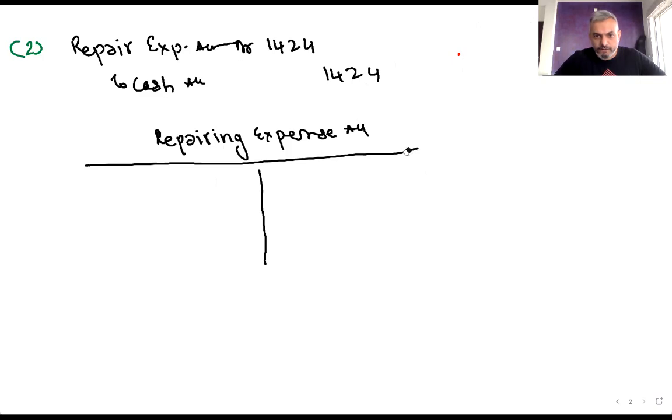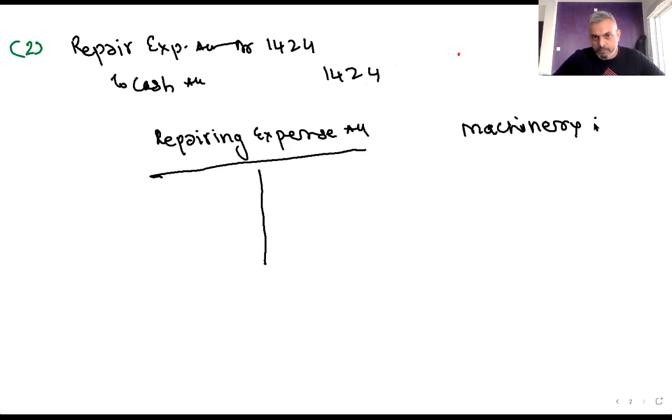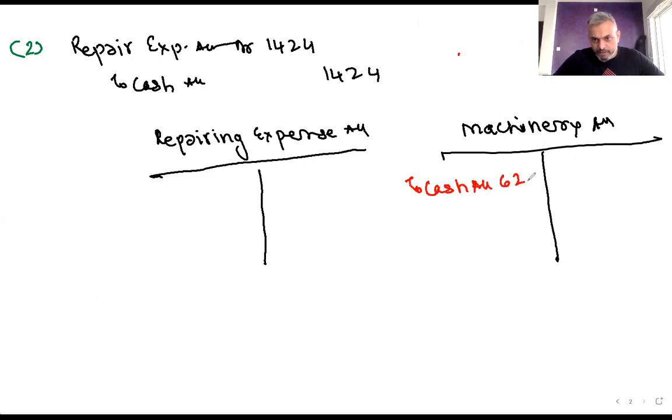So instead of repair expense, we recorded the same in machinery account. Now what is happening? Pay attention. Now machinery account we posted rupees 624. So we posted wrong. So I'm writing in red to cash account 624.